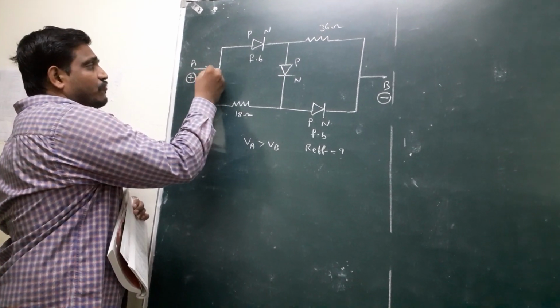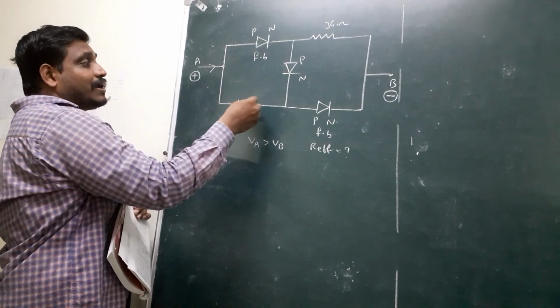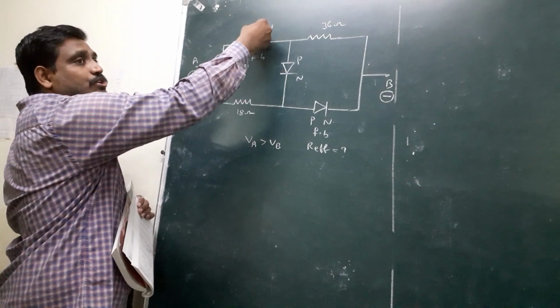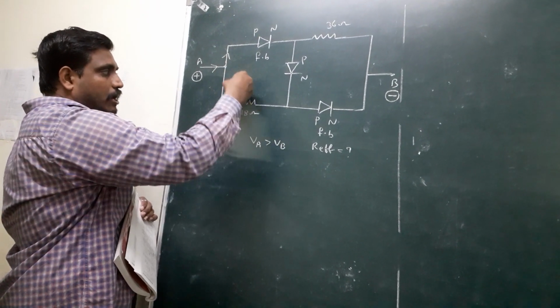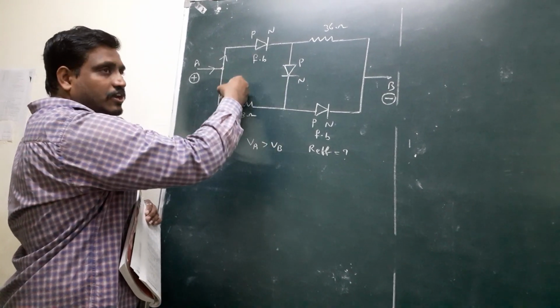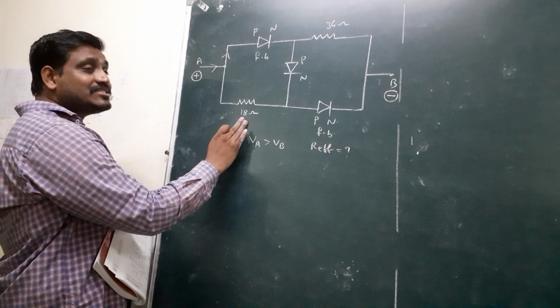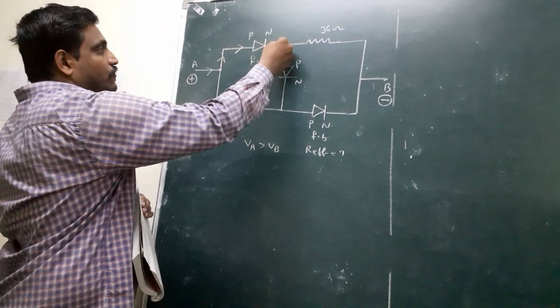Current flows from plus to minus, but here it divides. Here the resistance is more, and here the resistance is 0, so the current does not flow this way, because there is high resistance. Here it is no resistance, so current flows this way.